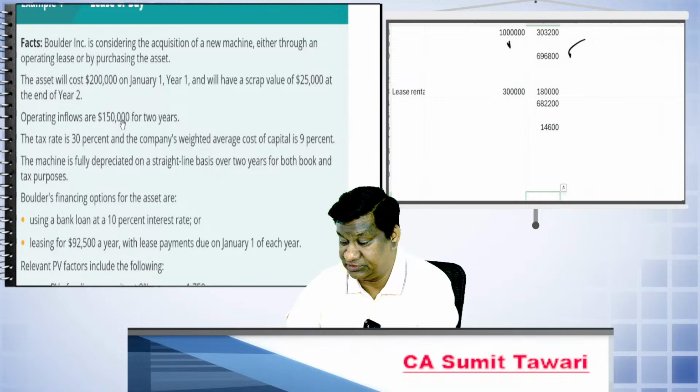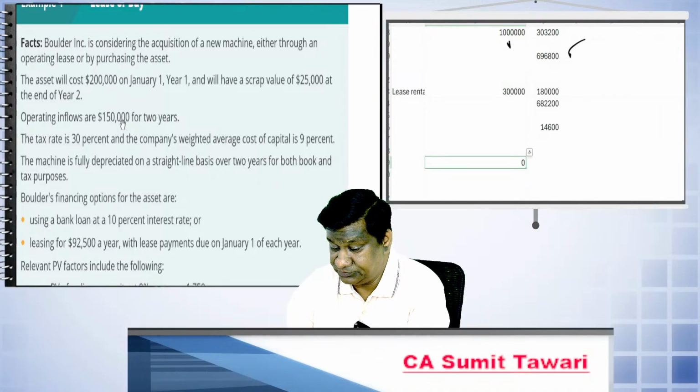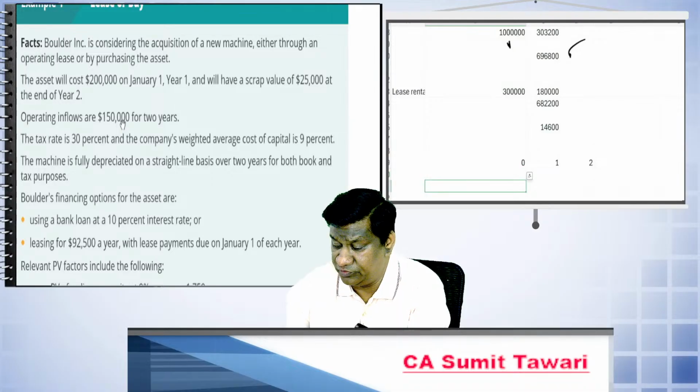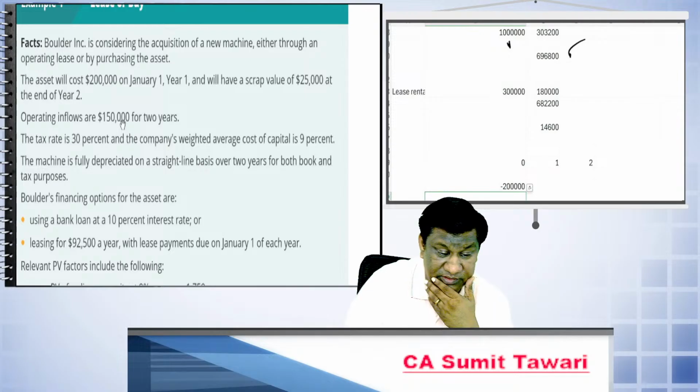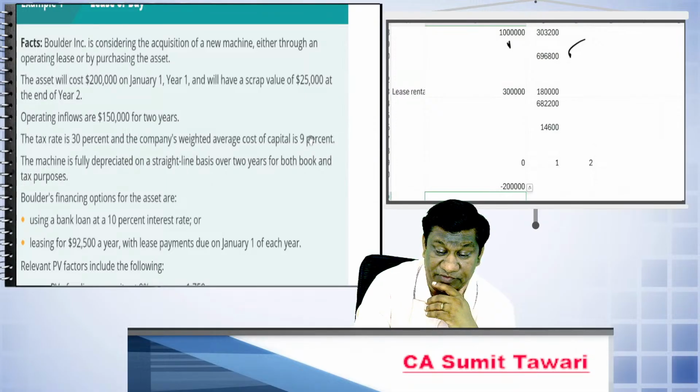So first we calculate bank finance. In years 0, 1 and 2, the first outflow is minus 200,000. Operating inflow information we need to ignore. The tax rate is 30% and the company's weighted average cost of capital is 9%.